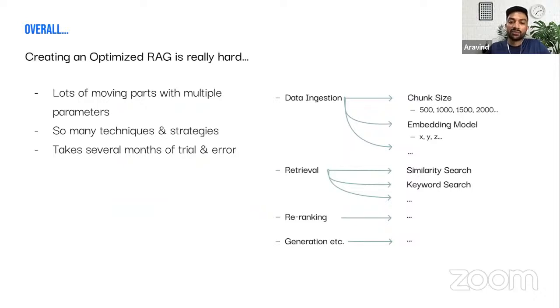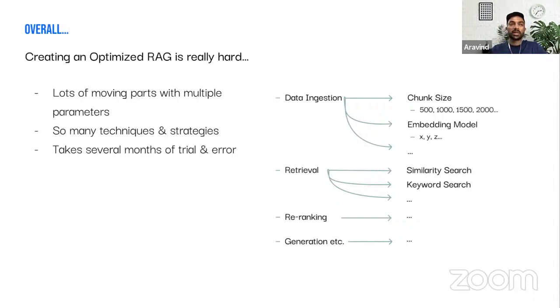RAG is very popular these days. But a lot of you might have noticed that it's not easy to build a production grade RAG. A lot of you might have built toy prototypes, POCs, maybe are tinkering around with RAG. Super easy, super fun. But creating a production grade RAG, that's a whole different ballgame. That's not so much fun, right?